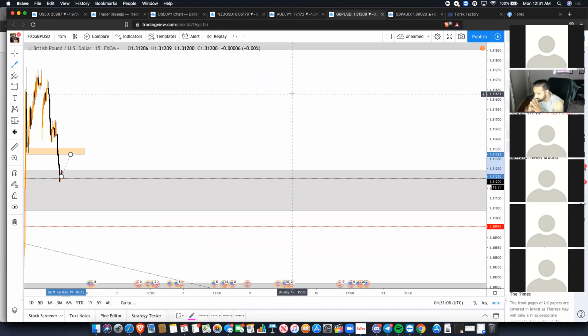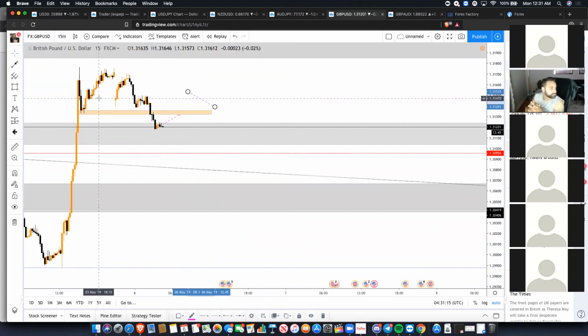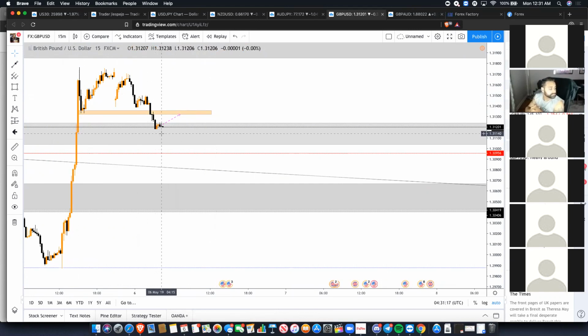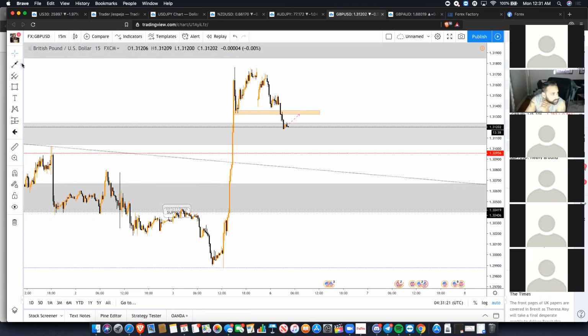GU, what's GU doing? Well, GU's going for it. GU's going for the breakout. It has to break this price here though. You see? Can you see that?